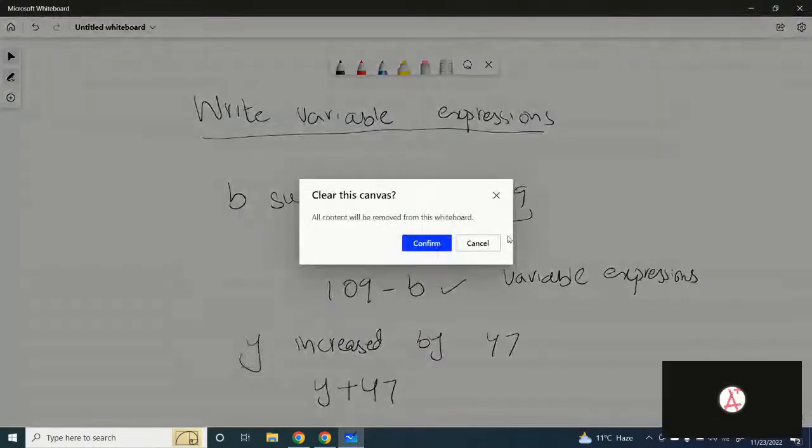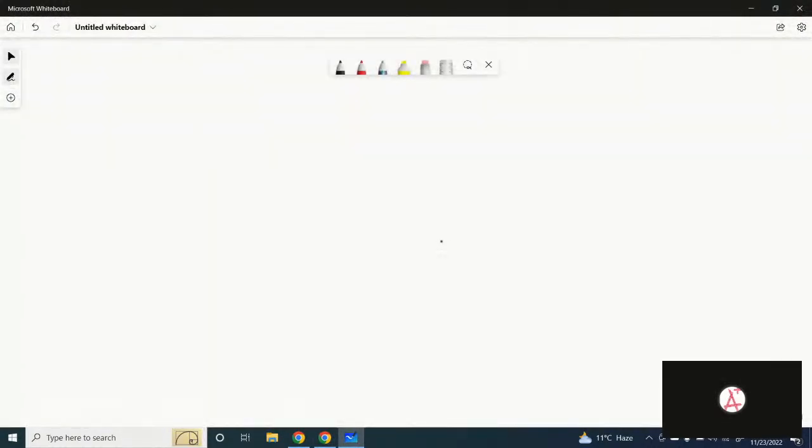N less than, that means less than means you have to subtract 217 minus n. That n less than means n is subtracting from 217. Got it?